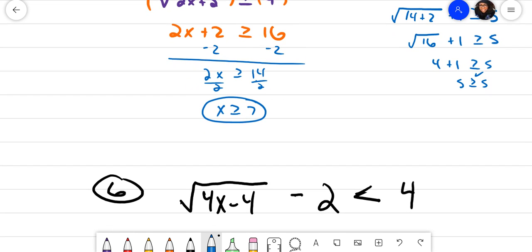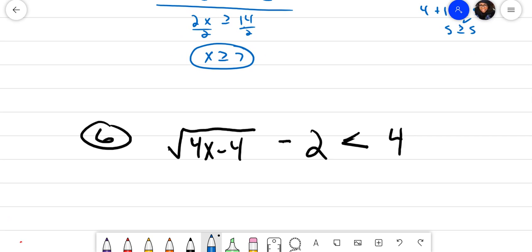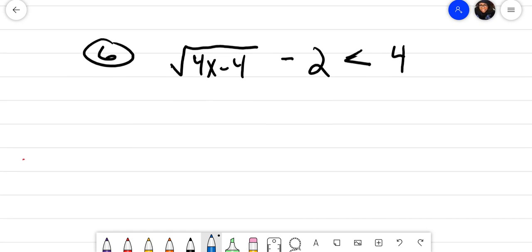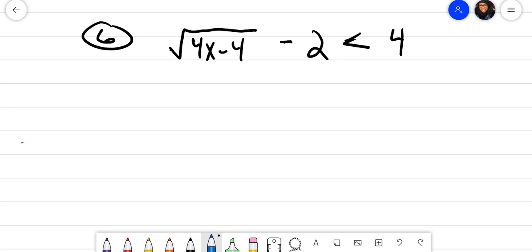All right, so let's look at number 6. Number 6 is the square root of 4x minus 4, minus 2, is less than 4. Again, in the beginning, we do it just like we do an equation. We add 2.